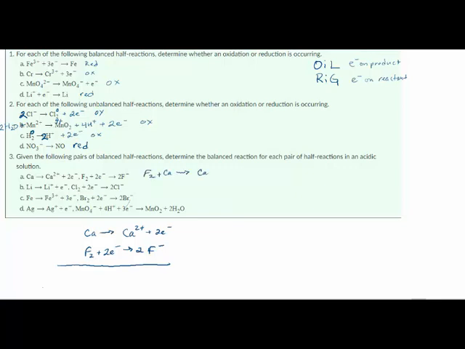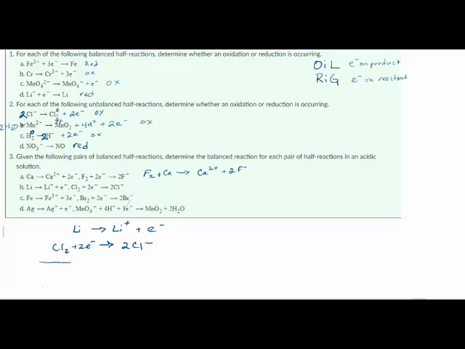For B, again, we have no oxygens or hydrogens to contend with, but this time we have a mismatch in our electrons. So we're going to have to multiply one of our equations in order to get our electrons to balance. Because remember, with a redox reaction, we need the same number of electrons in the reactant and in the product. So here, we need to multiply our lithium, our oxidation reaction, by 2.